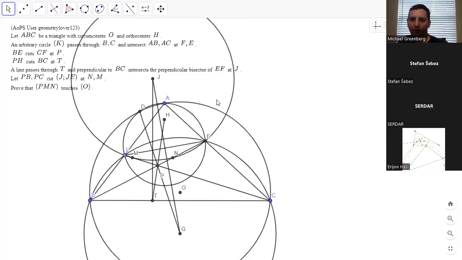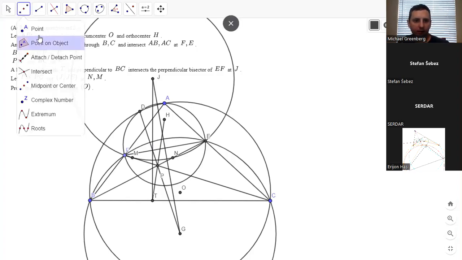We can define the intersection of PG with EF and prove it's perpendicular to BC. That's an interesting idea.